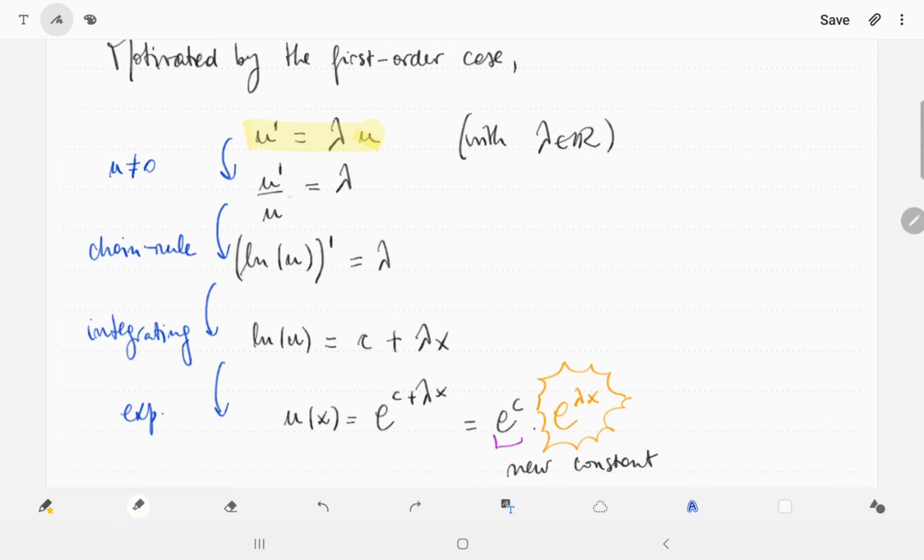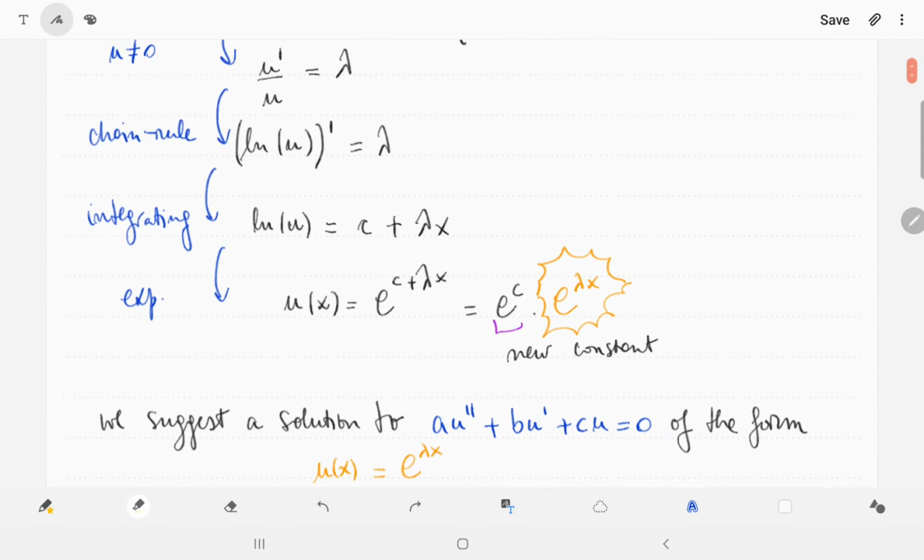And then we can rewrite this as the derivative of the logarithm of u, and then integrating, we get a constant and a variable x here. And then when we get rid of this logarithm, we have u(x) equal to e to the c plus lambda times x, which is this new constant and this function.